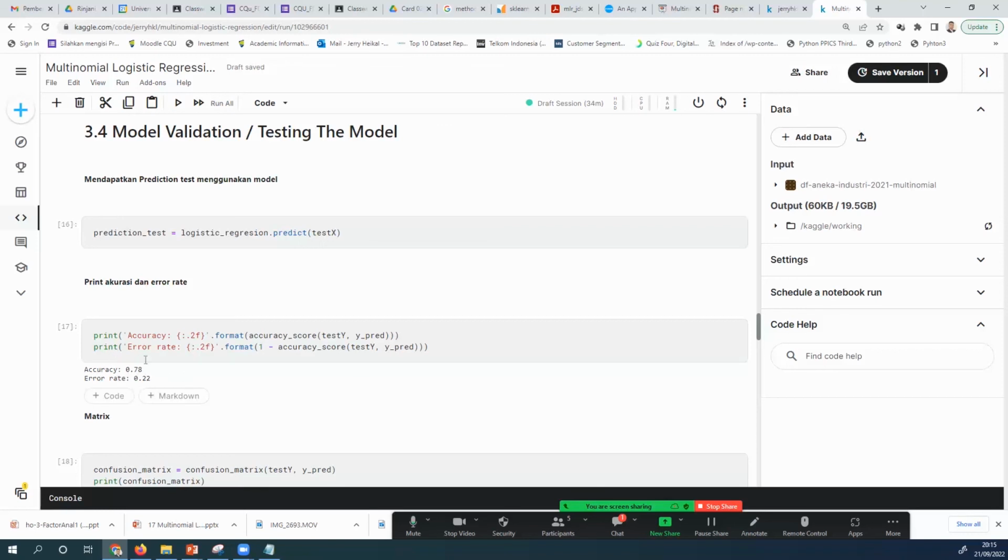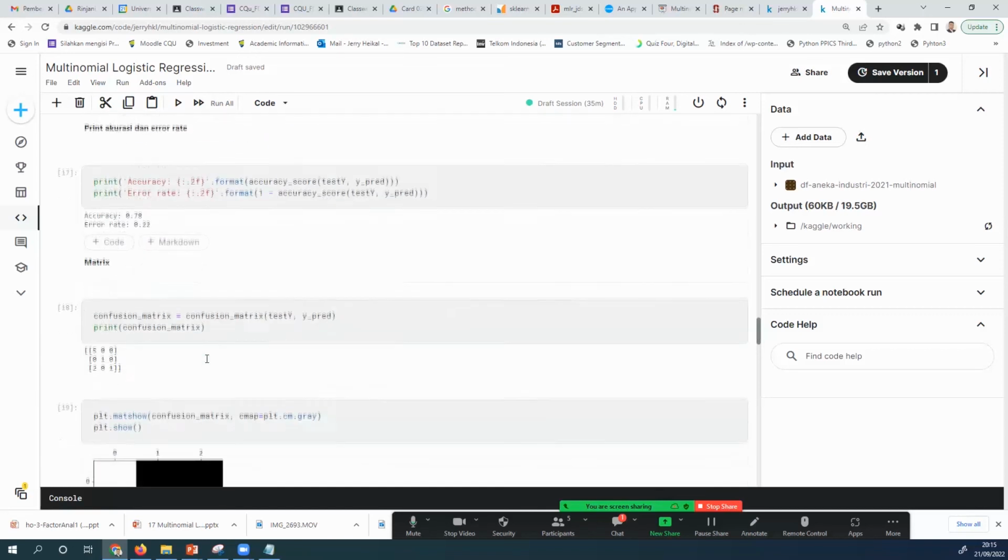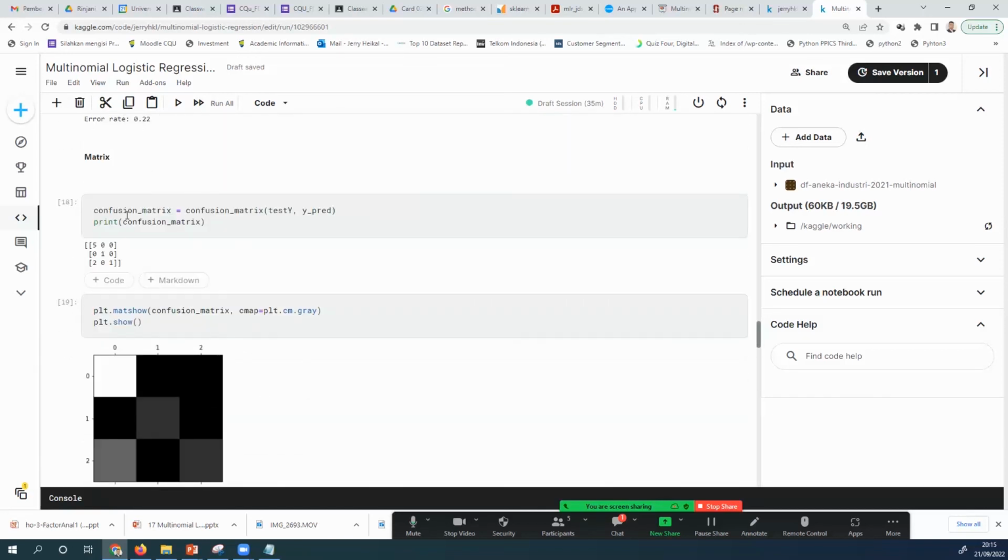If the testing is 1 and the prediction is 2, then it is not accurate. So how many data is accurate? Accuracy is 78%, with the error rate 22%. So this is the accuracy of the model. And then the confusion matrix.